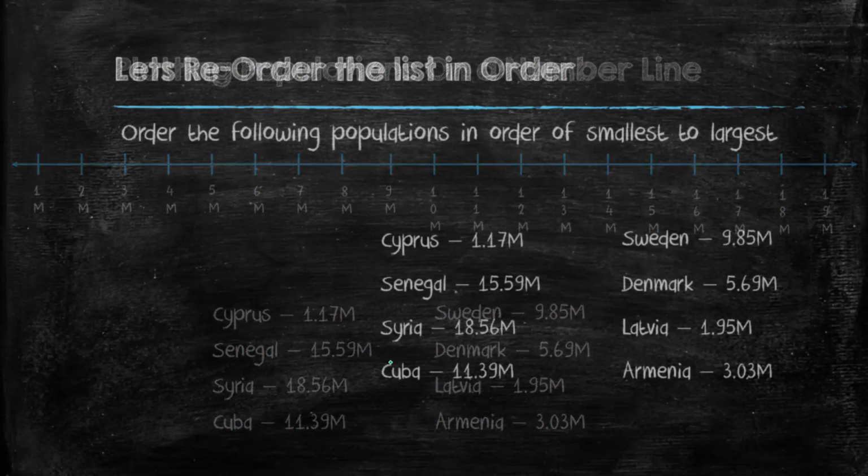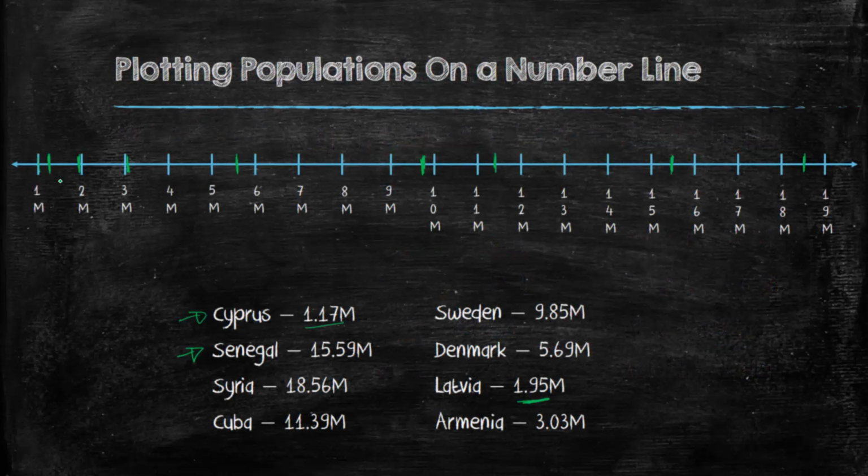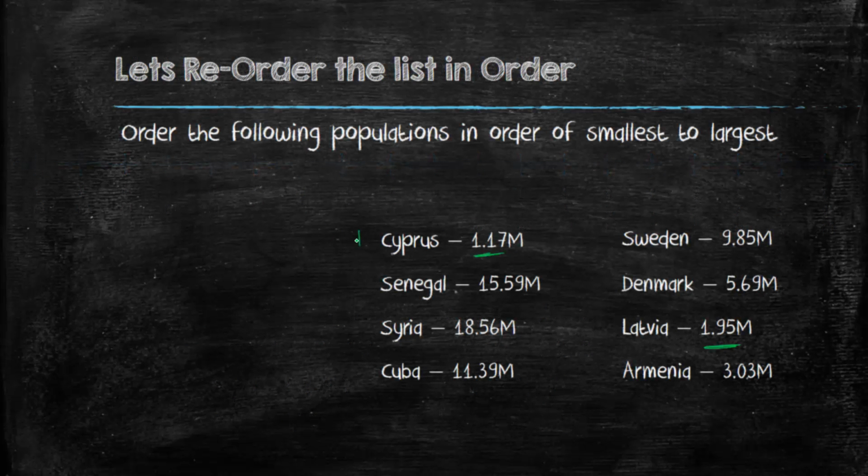But if we were just to do it without a number line, well, we probably know that this is the smallest, right? Because it's a 1, and so is this. These two are really close, right? Remember, they were here and here. So this is the smallest. Cyprus would probably be number 1. Latvia would be number 2. And then what comes after 1.95? What comes after 2?